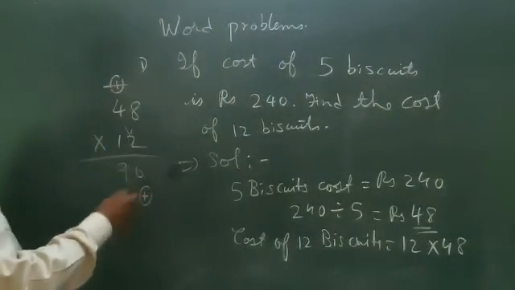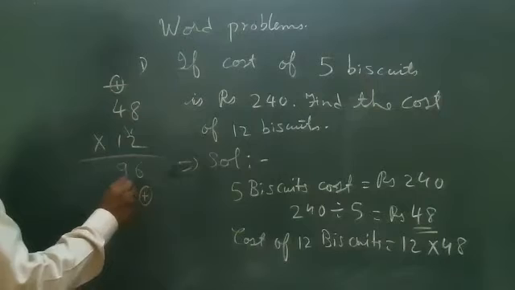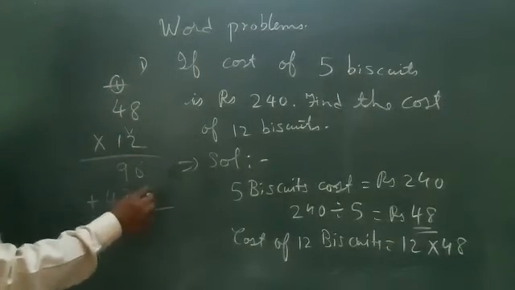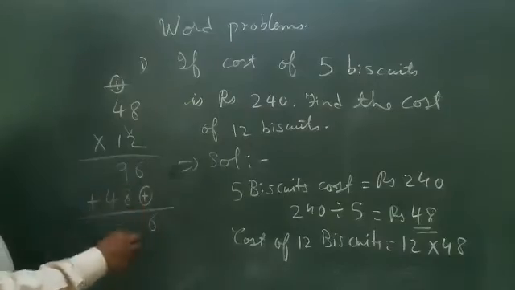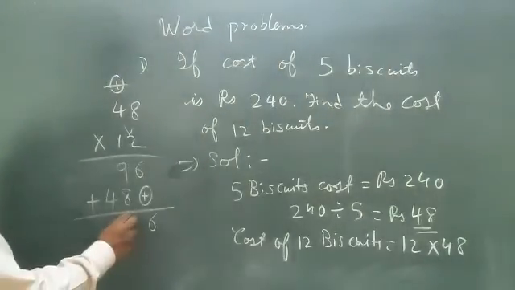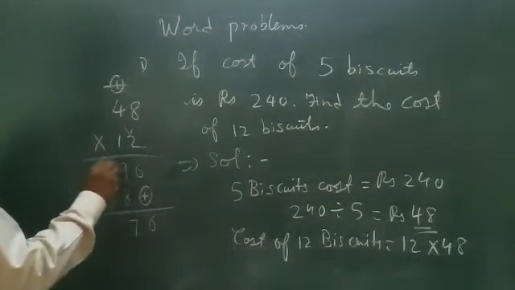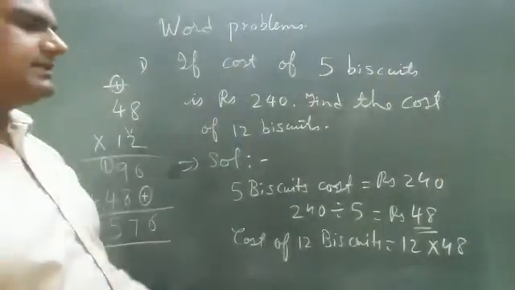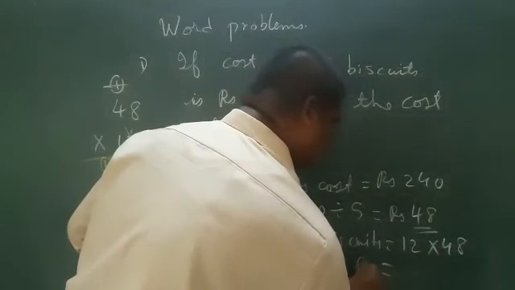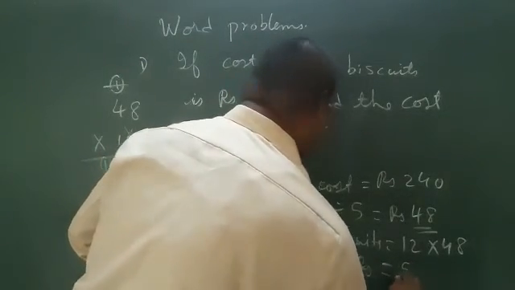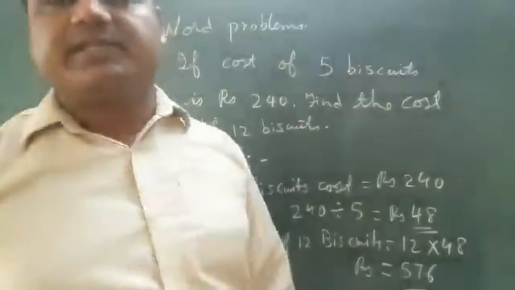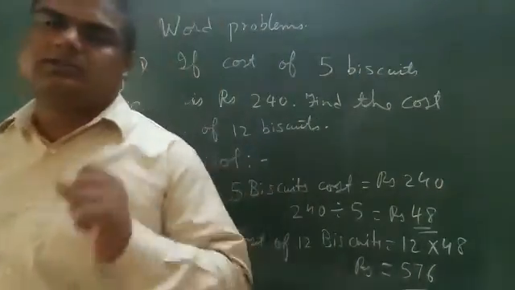Then 1 8 is 8. 1 4 is 4. Now 6 plus 0, 6, 9 plus 8, 17, 7 here, 1 carry, 1 plus 4, 5. So the cost of 12 biscuits is rupees 576. What is the cost of 12 biscuits? 576 is the cost.